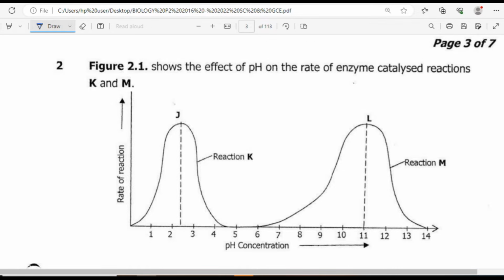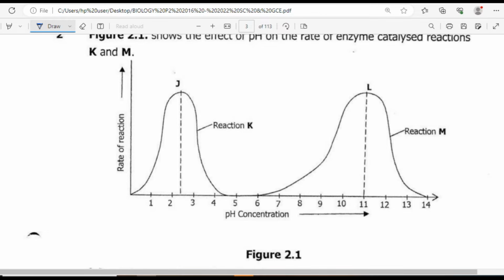Figure 2.1 shows the effect of pH on the rate of enzyme catalyzed reactions K and M. Now these are enzymes, in relation to digestion and some regions of the alimentary canal.